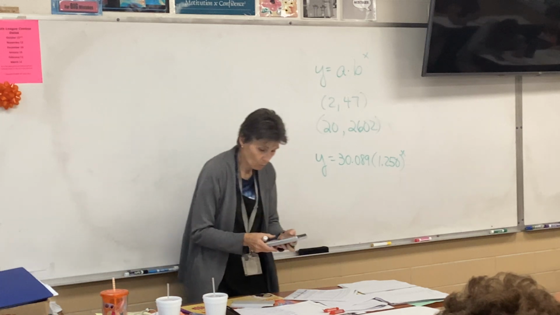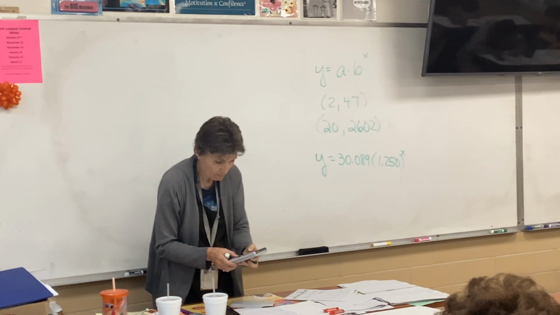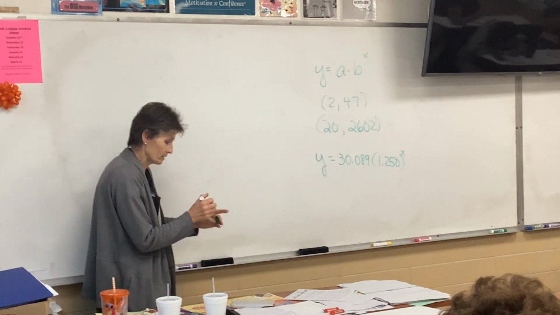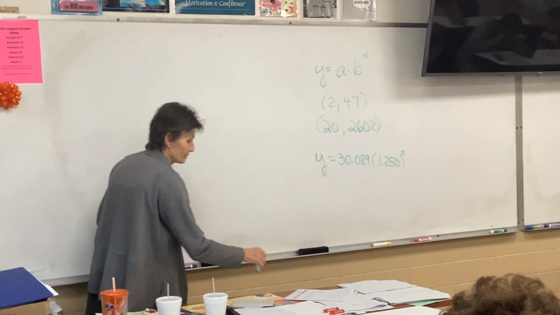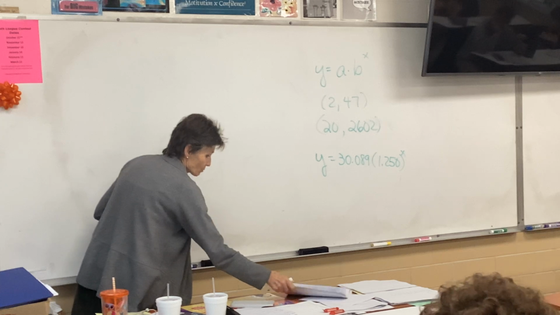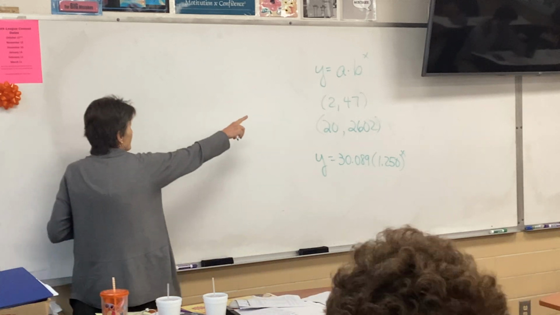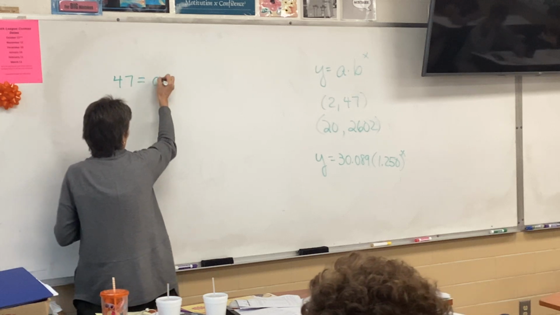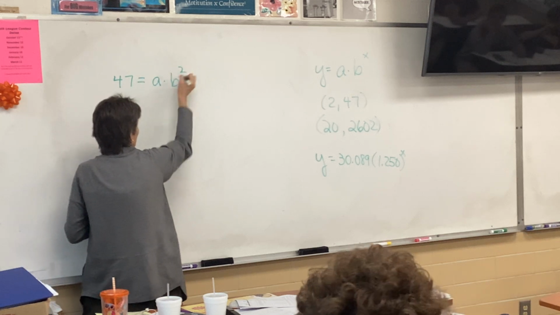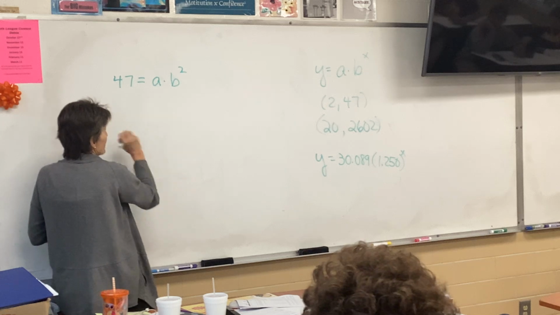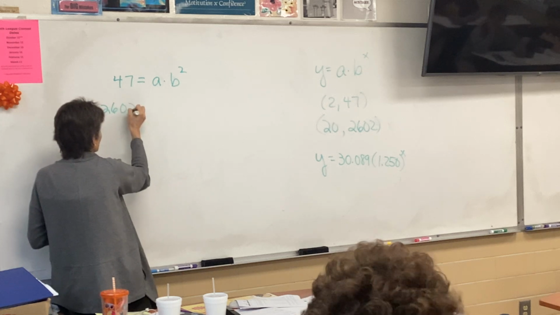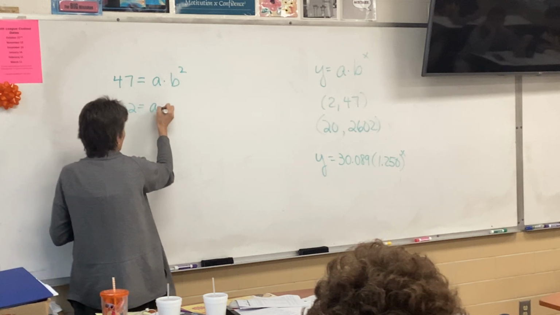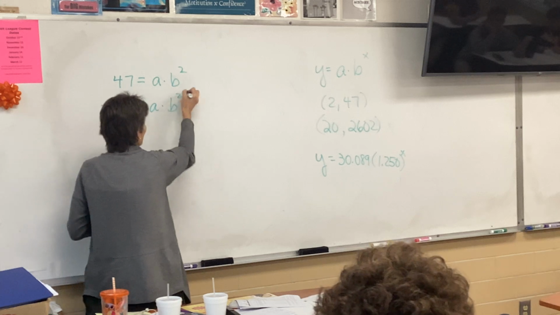So we can definitely do an exponential regression on our calculator. Now we're going to do it by hand. That's what writing two equations means. One equation would be 47 equals a times b squared. And the other equation would be 2602 equals a times b to the 20th.